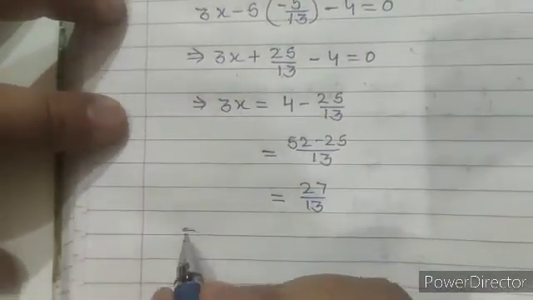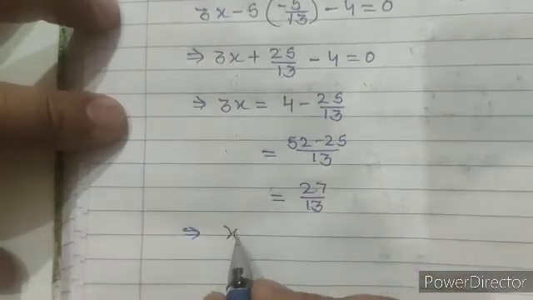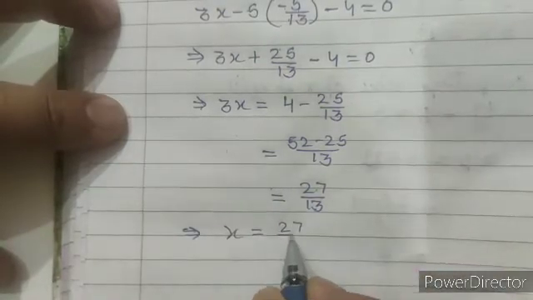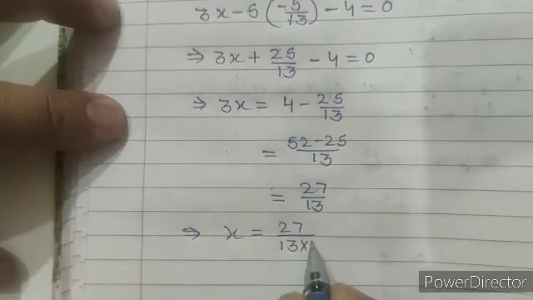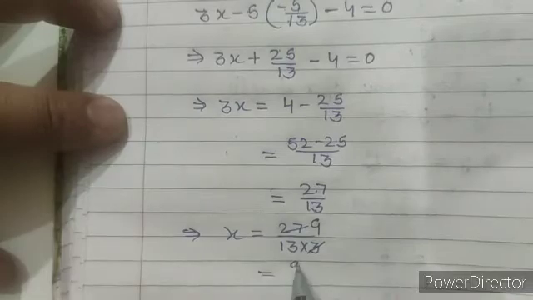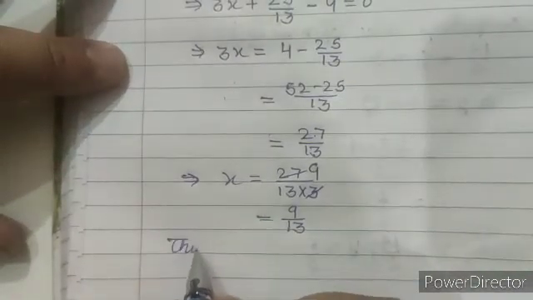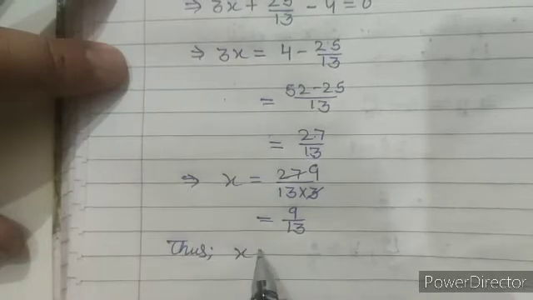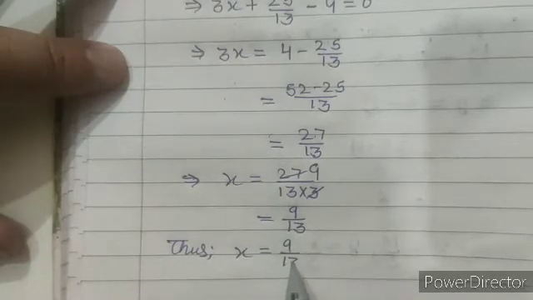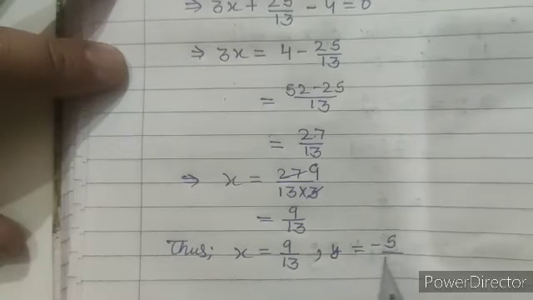Now this was the value of 3x. 3x equal to 27 by 13, so on dividing both sides by 3, 3 9s are 27, and that will be 9 by 13. Thus we can say here the value of x is 9 by 13 and value of y is minus 5 by 13.